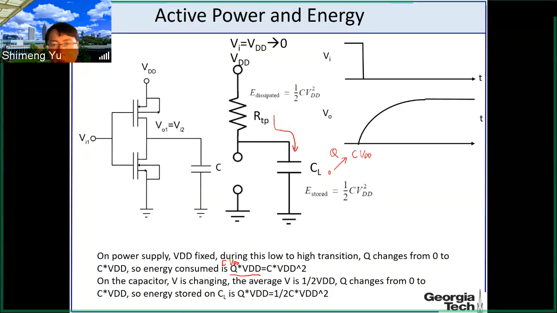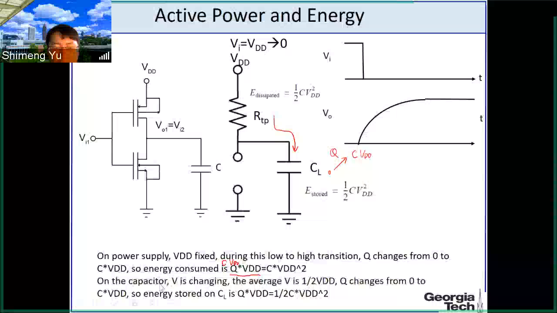If you recall our energy band diagram, we have the electron volt there. Electron volt is for energy: electron is charge, volt is voltage potential, so electron volt is energy. Here the charge is C times VDD, and the voltage is VDD at the power supply, a constant. So in this process, the power supply provides C VDD squared energy.